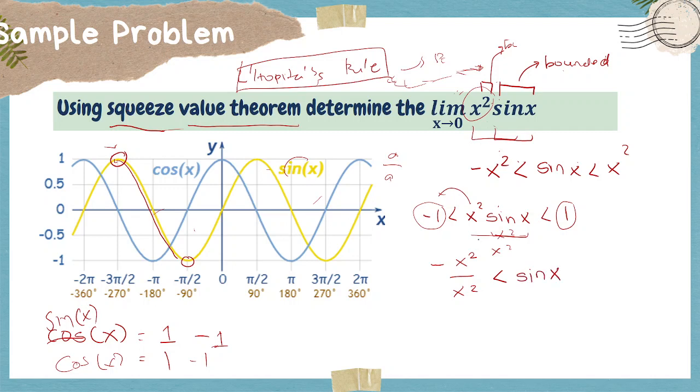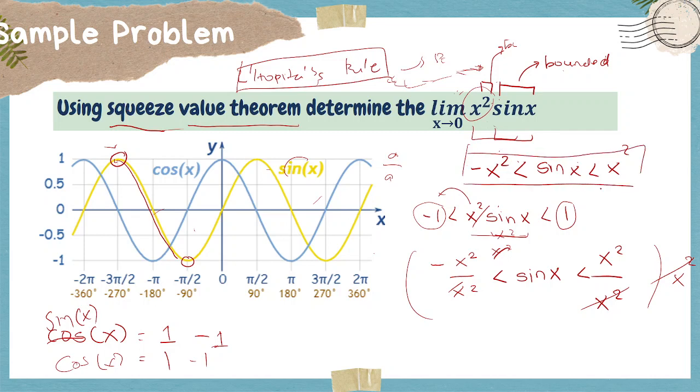Why sin x na lang? Because x squared is cancelled. Less than x squared over x squared. Right? If you multiply this by x squared, the x squared would be cancelled and the resulting function would be this one. Kita?